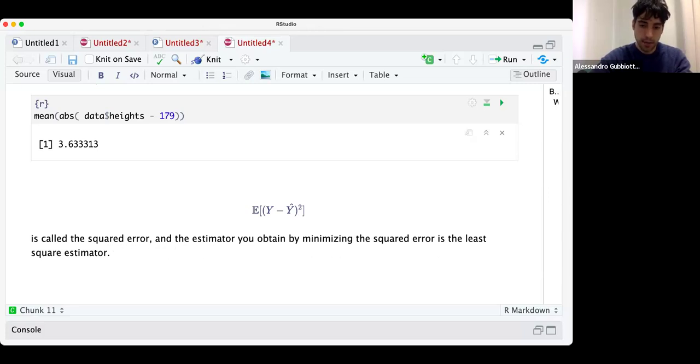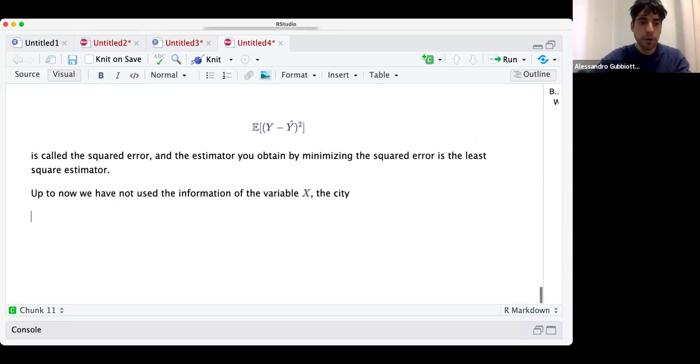Okay, now, up to now we have not used the information of the variable x, the city. So let's observe it actually. I don't know which city we have chosen.